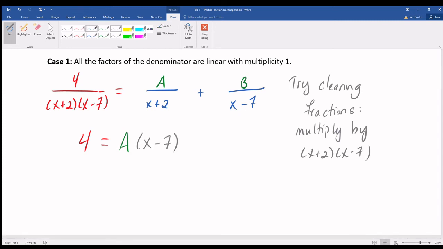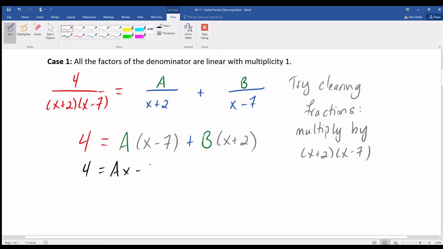Likewise, in the final position, b will remain, the x minus 7's will cancel, and x plus 2 will be left uncancelled next to b. Alright, now at this stage, what happens if I multiply everything out? 4 equals ax minus 7 times a plus bx plus 2 times b.